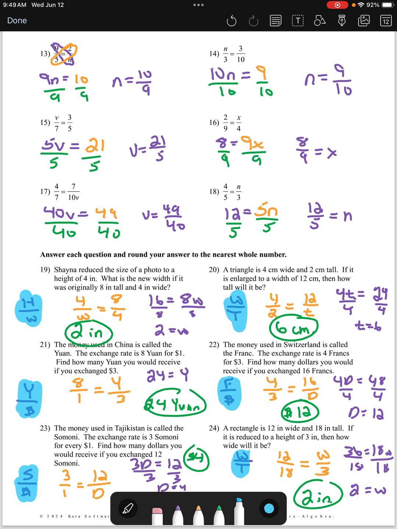What matters is that you're consistent. If you choose in, say, number 21, to put dollars over yuan instead, that's fine, but you have to then flip both of your fractions. So you would have $1 over 8 yuan equals $3 over we don't know how many yuan. The problem will solve out the same way in the end.